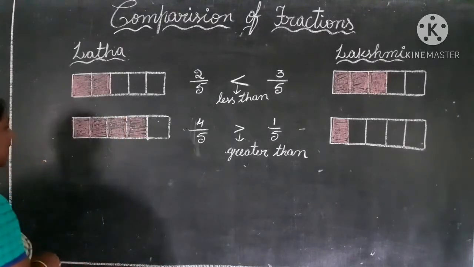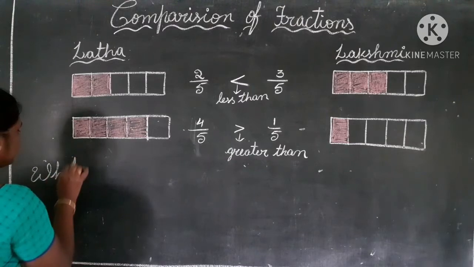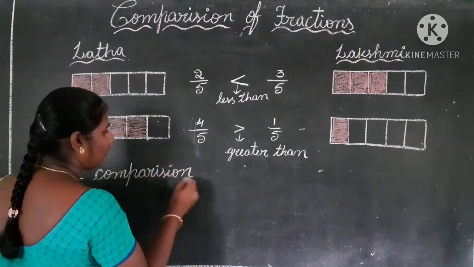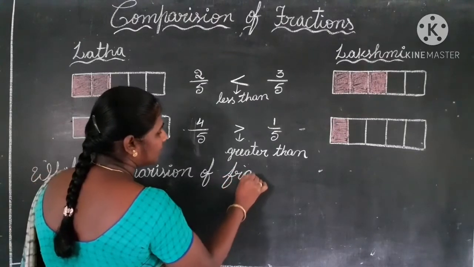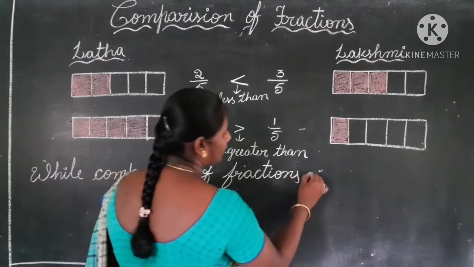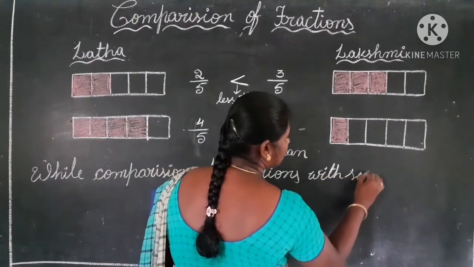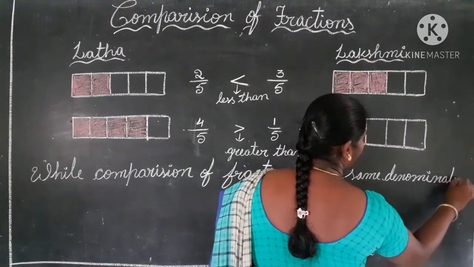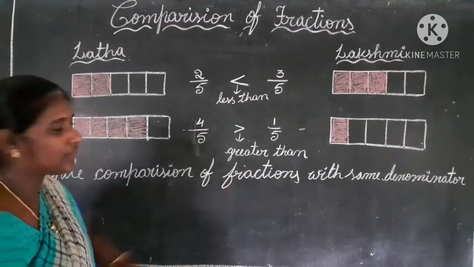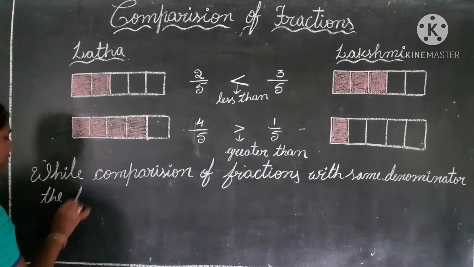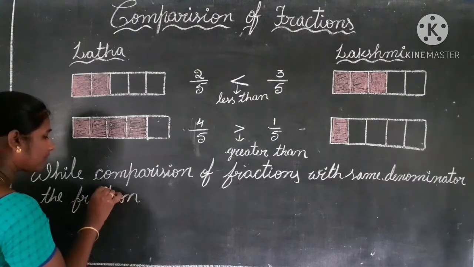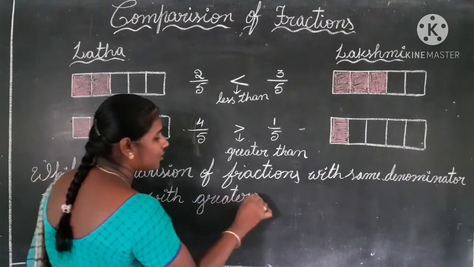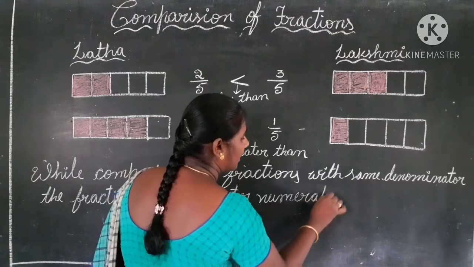So while comparing fractions with the same denominator, the fraction with the greater numerator is bigger.